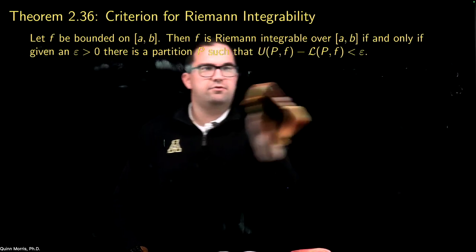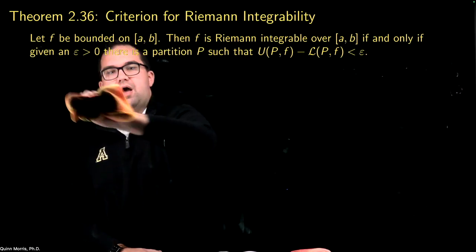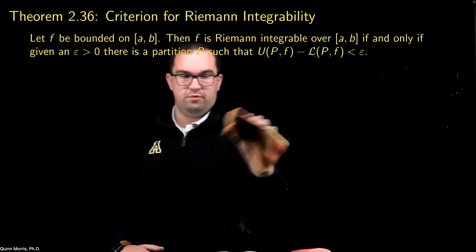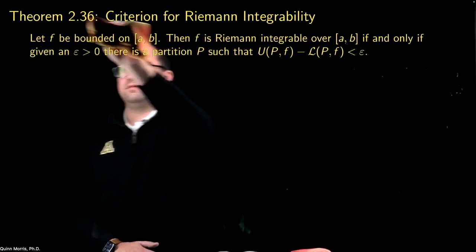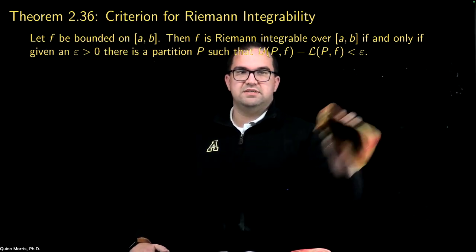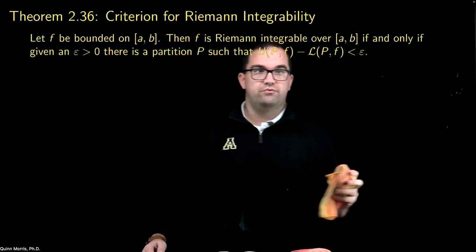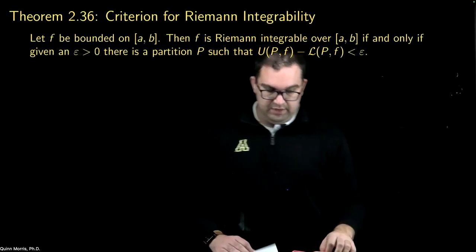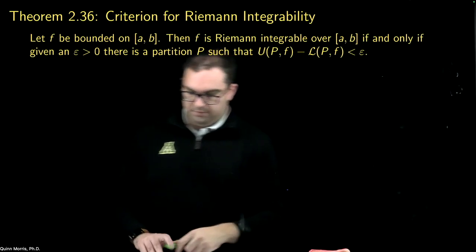So as we start to think about the reverse direction, now we're not assuming that the function is Riemann integrable. We're assuming that this condition about the difference between the upper and lower sums is satisfied, and we want to use that to prove that our function must be Riemann integrable.